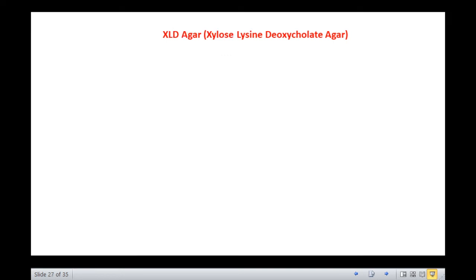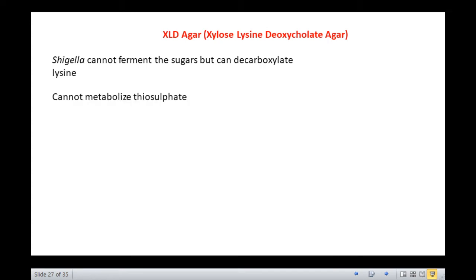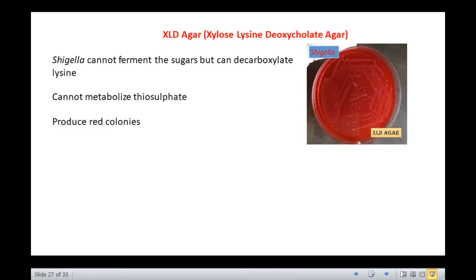Shigella cannot ferment the sugars but can decarboxylate lysine. However, they cannot metabolize thiosulfate. Hence, black-centered red colonies of Salmonella can easily be differentiated from the red colonies of Shigella.